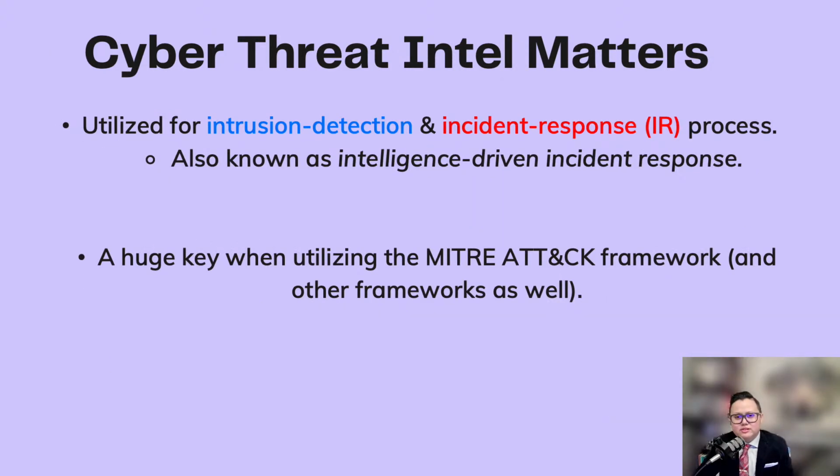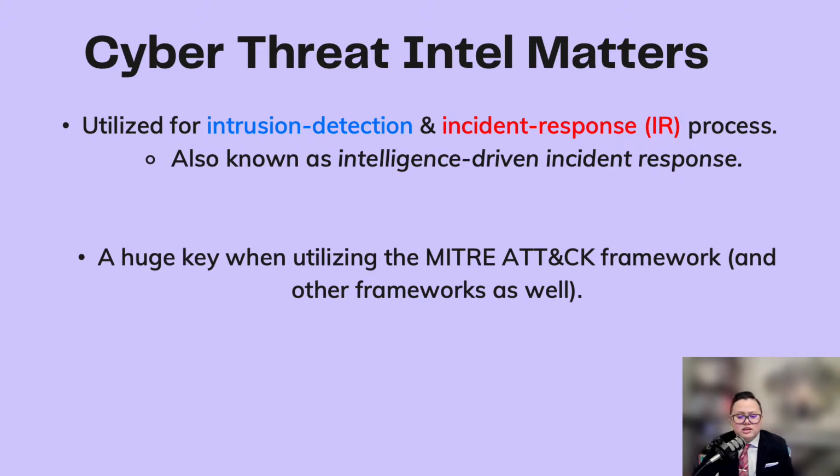Because cyber threat intel is the analysis of an adversary's capabilities, motivations, and goals, it gives us insight on the adversary and helps us know what to look out for. And through analyzing, we can narrow things down and figure out what the adversary is likely to do. And this is very important when we start utilizing CTI with the MITRE ATT&CK framework.